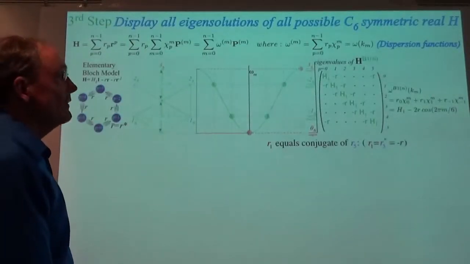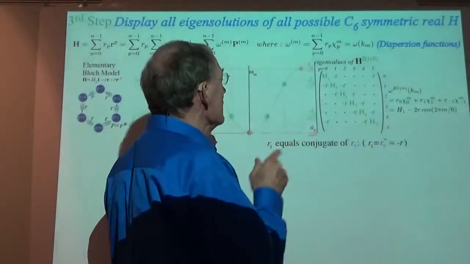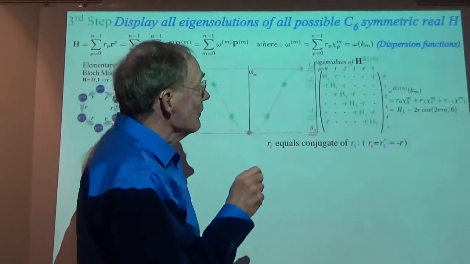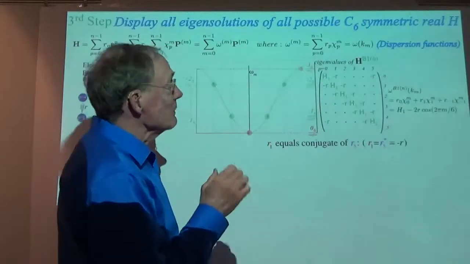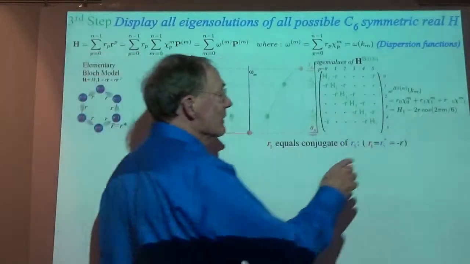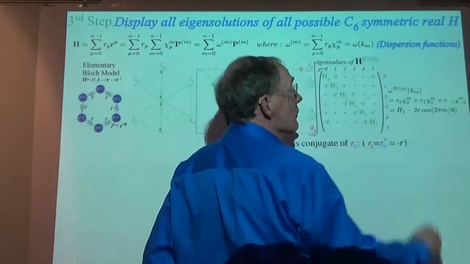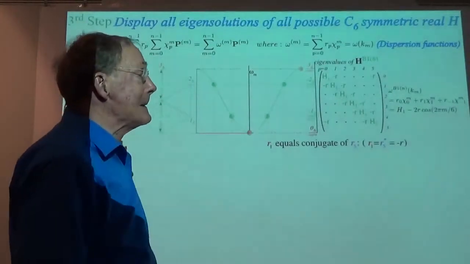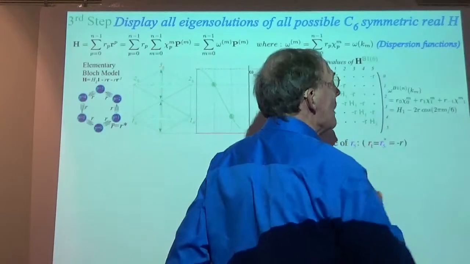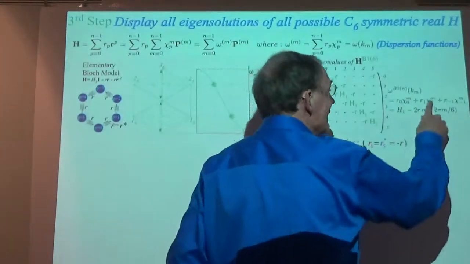In any case, here's an example. If I only turn on the parameters r sub 1 and r sub 5 and make them both equal to r. So here's r sub 1, here's r sub 5, that's minus 1 modulo 6, okay? And I know that these things are e to the 2 pi i m over 6, okay?